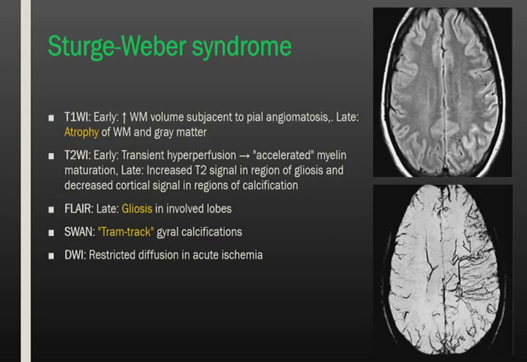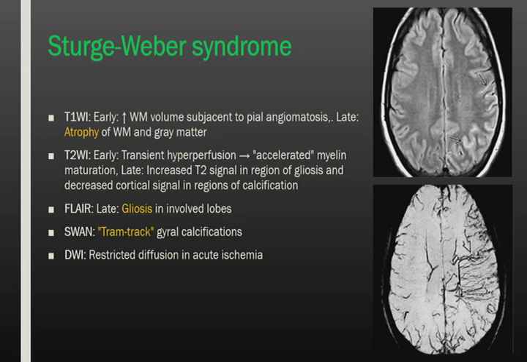Okay, in MRI, on T1 early, increase of white matter volume suggests pial angiomatosis, and late atrophy of the white matter and gray matter. On T2 early there is transient hyperperfusion, accelerated myelination, and late increased T2 signal in regions of gliosis and decreased cortical signal in regions of calcification.